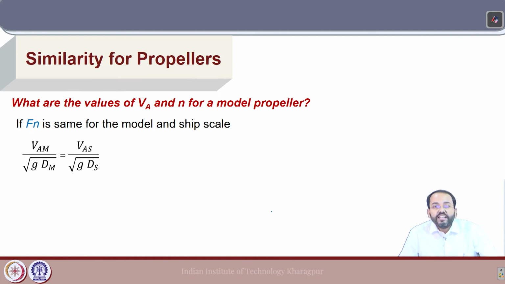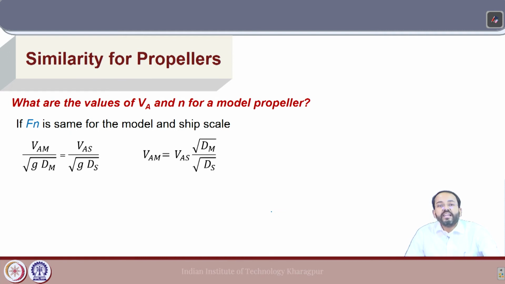If we do that, we will have V by root gL, which is the Froude number, the same between model and full scale. Again we take VA, the advance speed, as the characteristic velocity, and for length we take the propeller diameter d as the characteristic length in the Froude number equation.